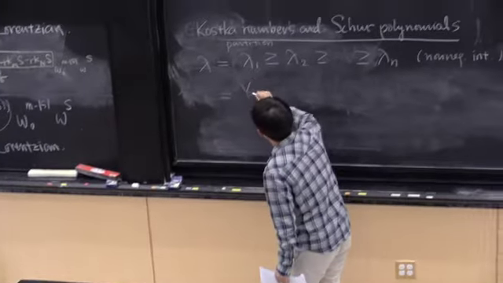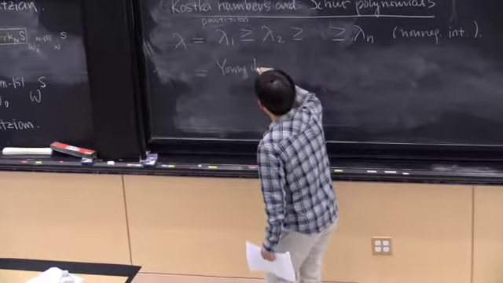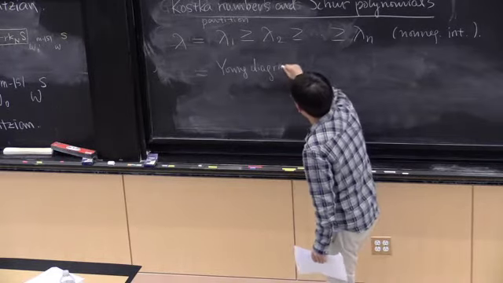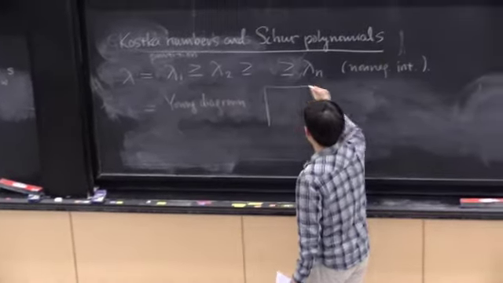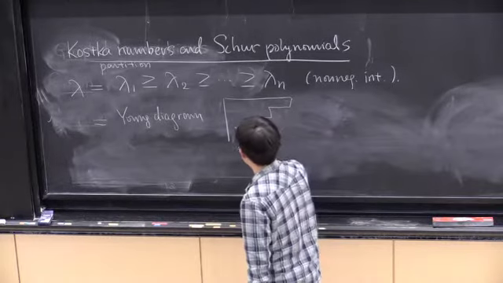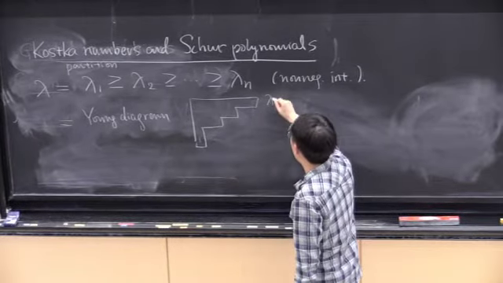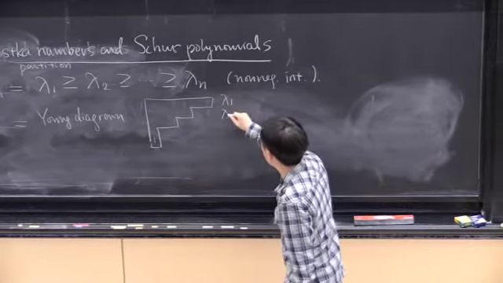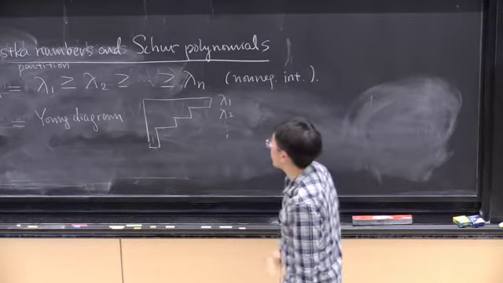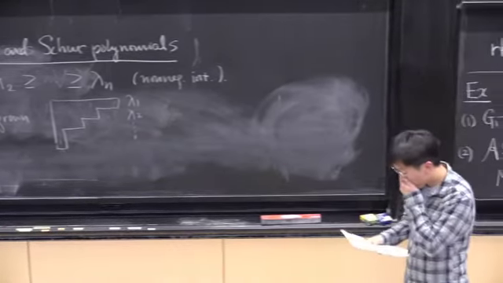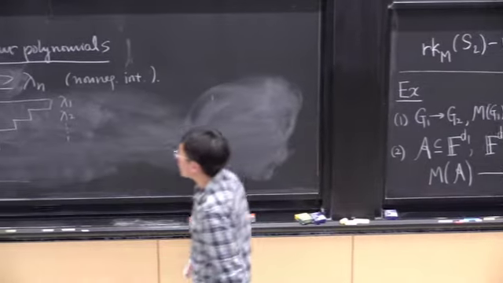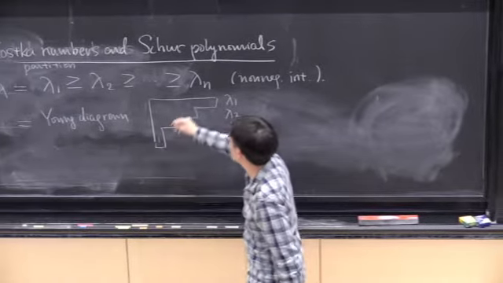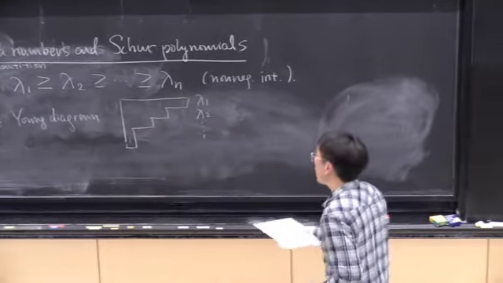And let's view this as a so-called Young diagram, which is a collection of boxes with lambda 1 boxes in the first row, lambda 2 boxes in the second, and so on. And then we're going to fill in these boxes using an alphabet.